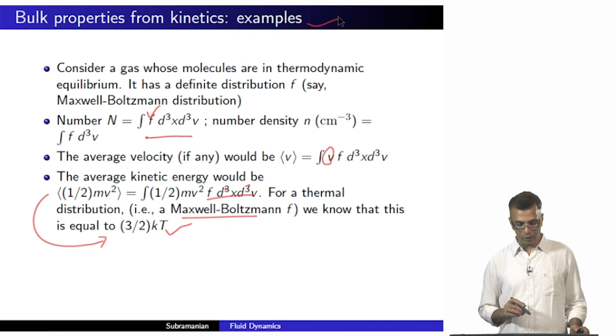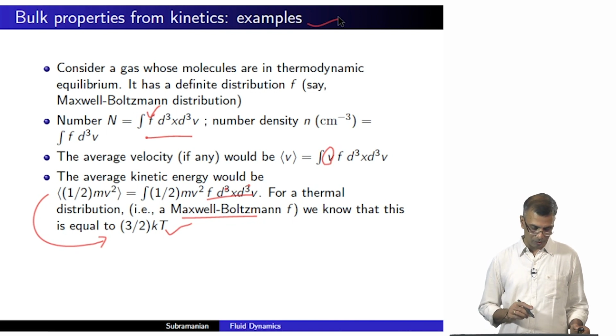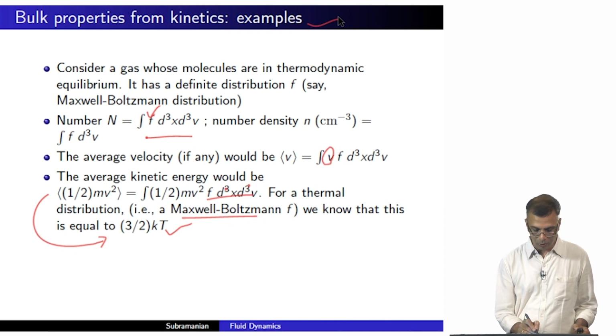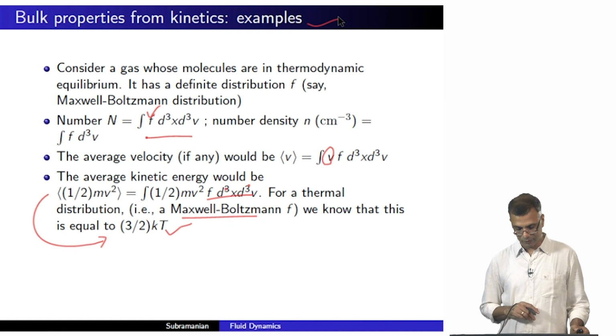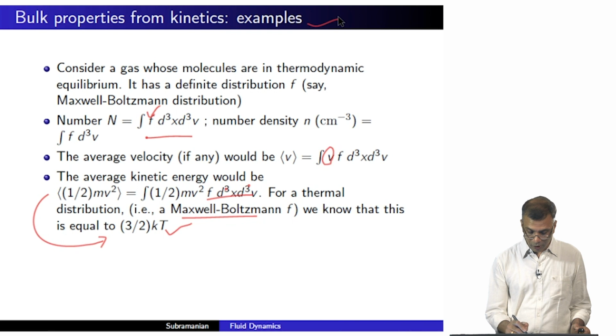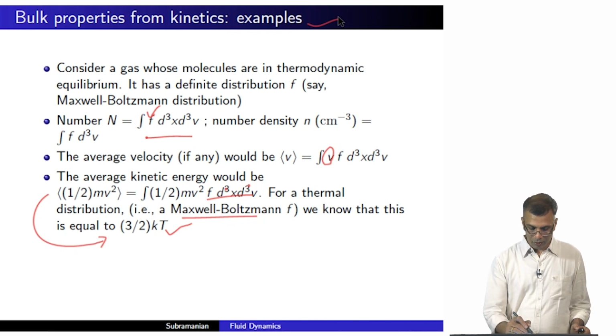And we know that for a thermal distribution, in other words, a distribution that's characterized by a Maxwell-Boltzmann distribution f, this average of half mv squared is equal to 3/2 kT. So here's an example of how you derive the temperature of a gas, T, from the microscopic distribution function. You see, you're going from the microscopic distribution to the temperature.